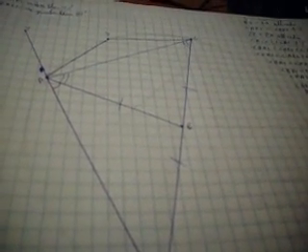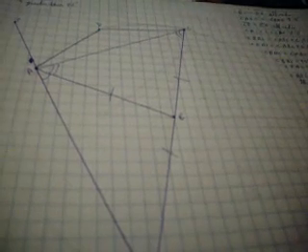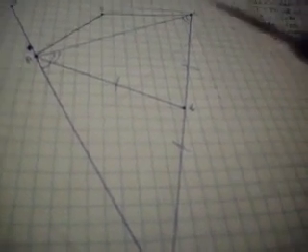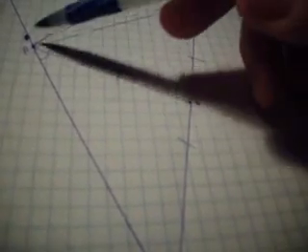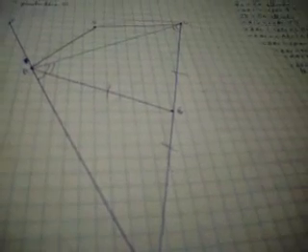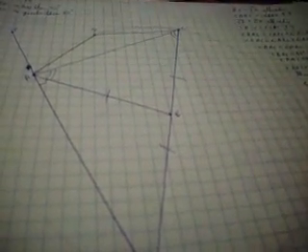So therefore, we can go ahead and say that angle ABC is going to be less than 90 degrees.